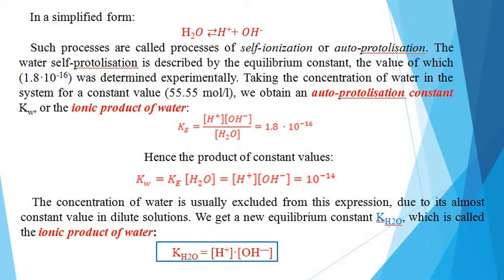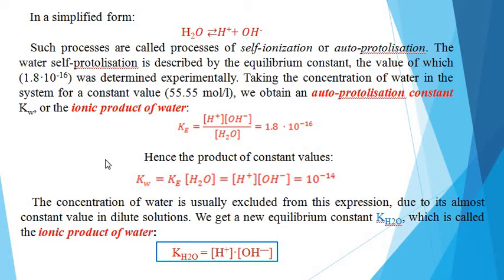In a simplified form, we can write the protolytic reaction of water in the following form: decomposition of water into hydrogen and hydroxide ions. Such processes are called processes of self-ionization or autoprotolysis.